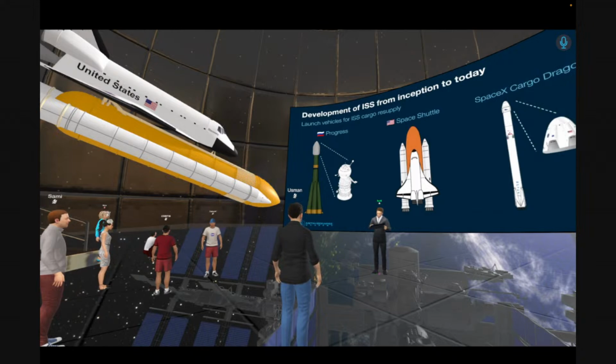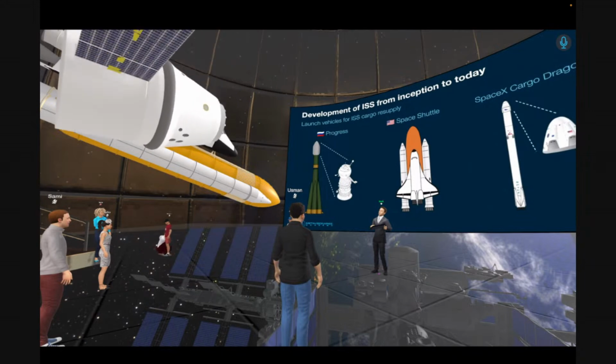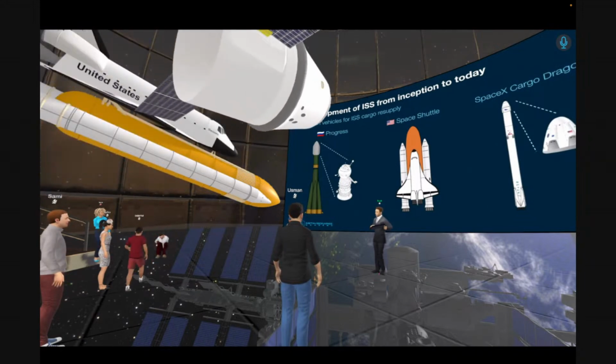But the space shuttle was decommissioned in 2011 and replaced by a new system called SpaceX Cargo Dragon. And that SpaceX Cargo Dragon is from a commercial company and is floating around. And that one is fully reusable.